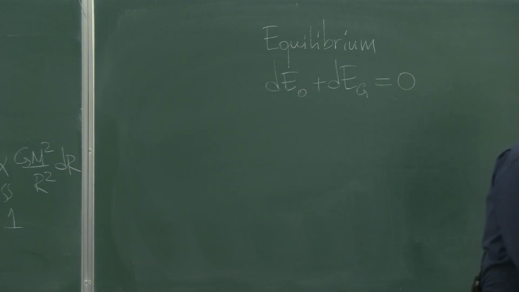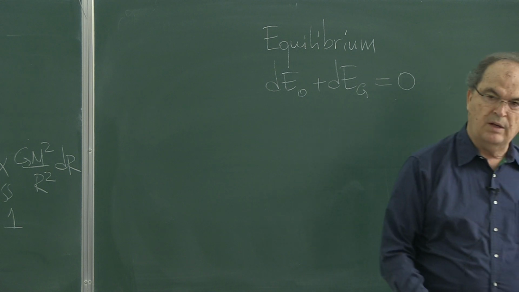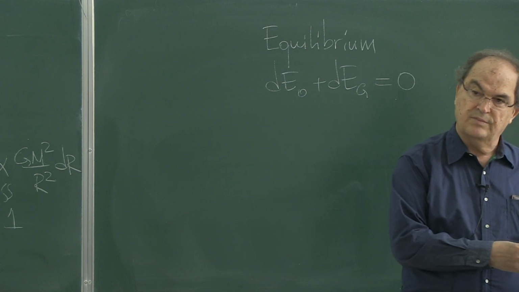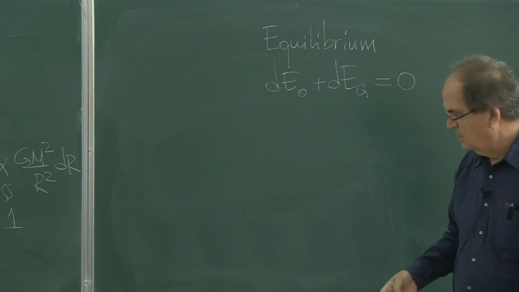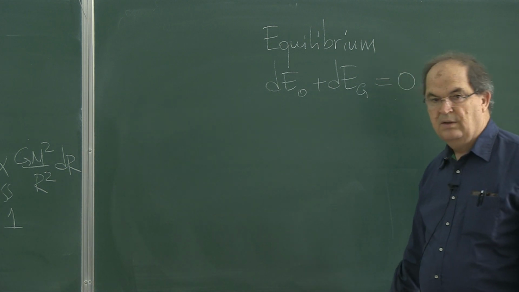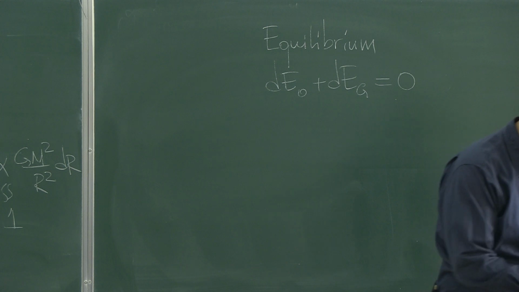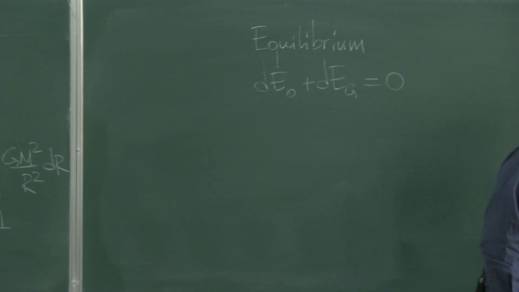That will give us a condition on the star. When do we have this equilibrium? And especially we have to relate mass to radius to get the meaning of that condition. I will do it soon.